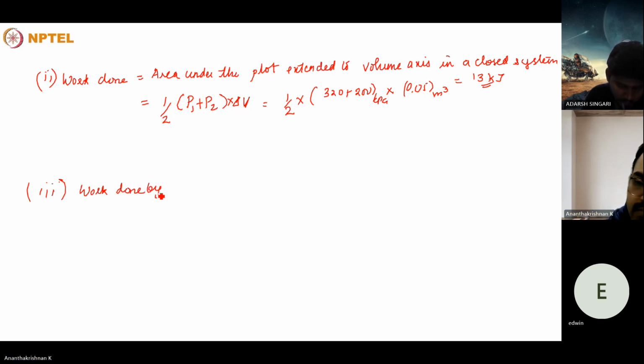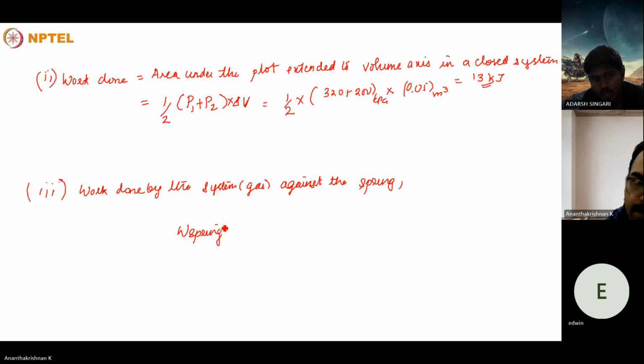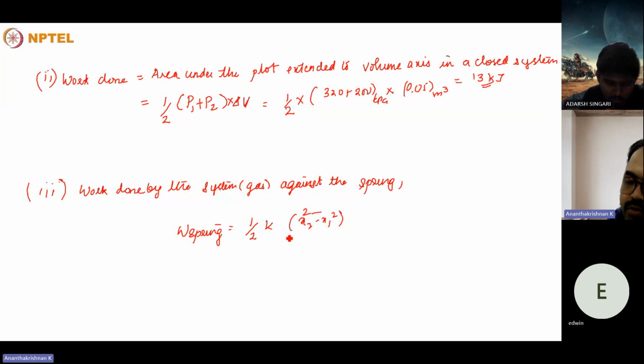Work done by the system or the gas against the spring, the first way: half k into x2 squared minus x1 squared, the change in potential energy of the spring. That's a straightforward method.